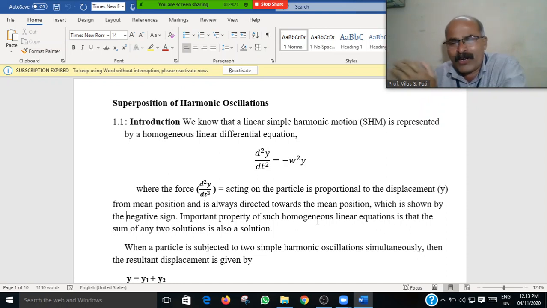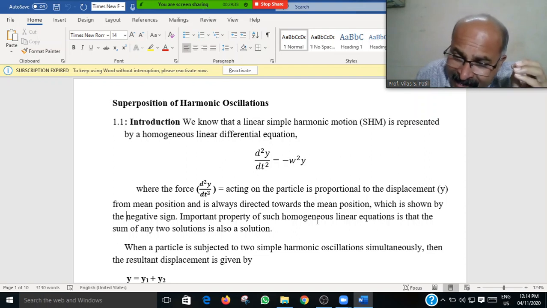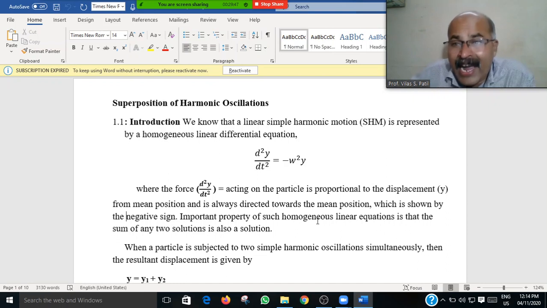This is one of the properties of the linear homogeneous equation. It means in simple language, y1 is one of the solutions of the homogeneous linear equation, y2 is another solution, then if we take the logical addition of y1 and y2, that is y1 plus y2, and consider it as y, then y is also a solution of the homogeneous linear equation.